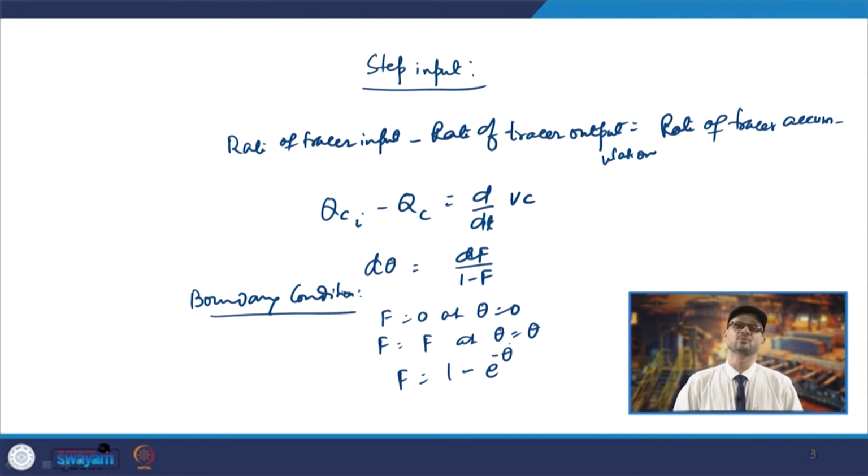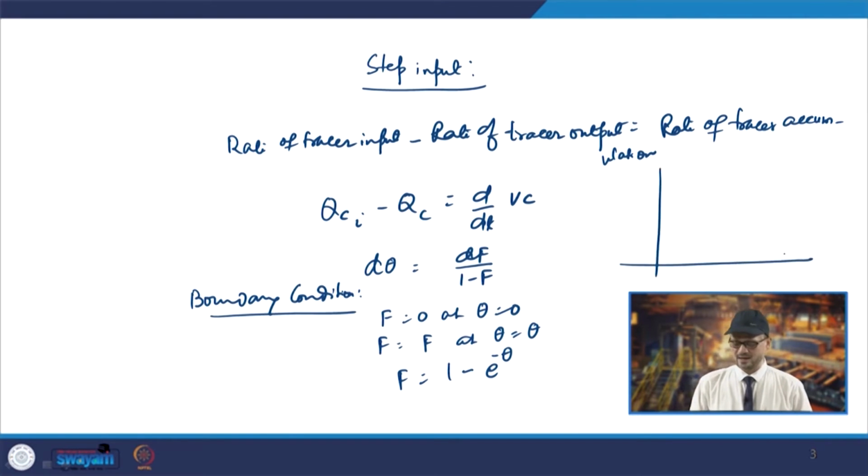So, if you draw the well mixed flow curve, that curve will look like 1 minus e raised to the power minus theta. It is nothing but 1 minus, so this will be an exponential curve. If you draw the f curve for the well mixed flow, you will have f here and this is your theta.